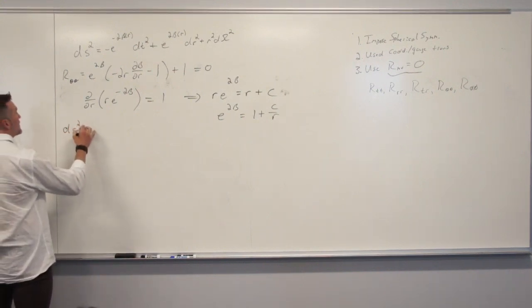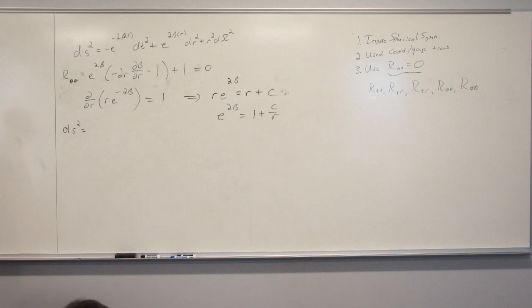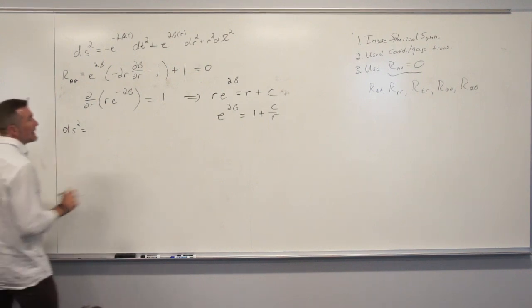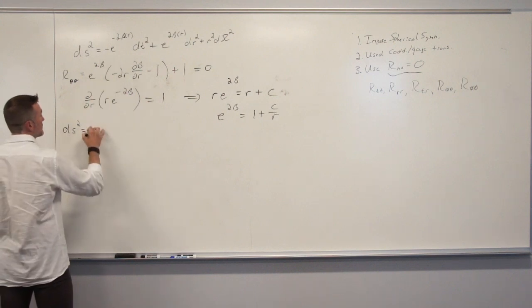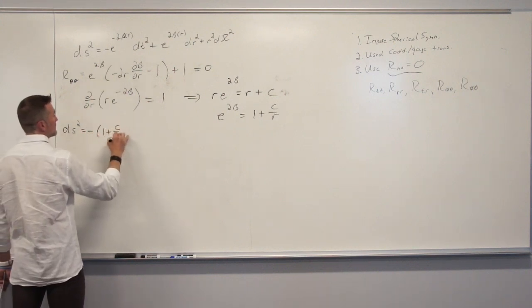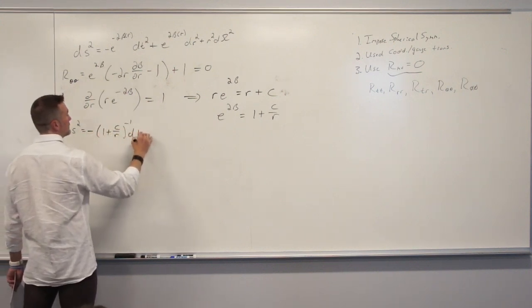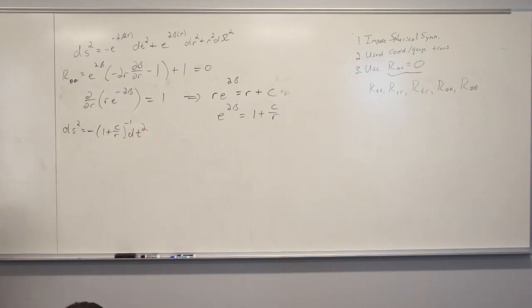Leaving now the form of our metric to be e to the minus 2 beta, which is the leading term, is just 1 plus c over r to the minus 1.